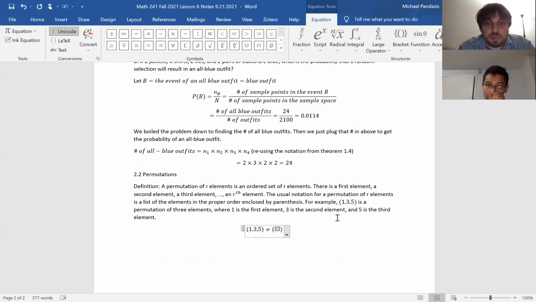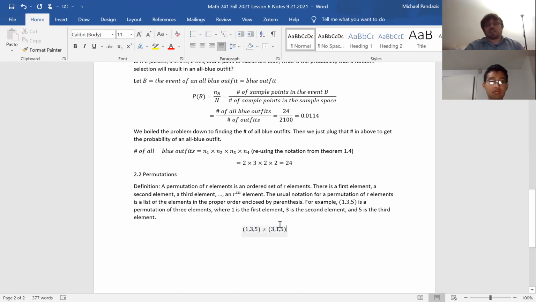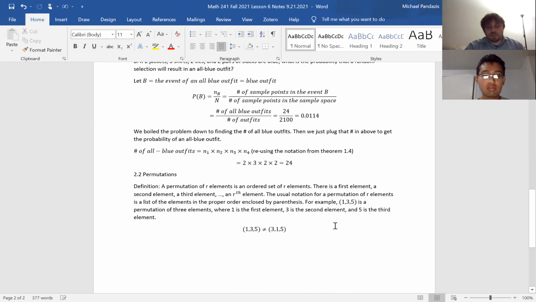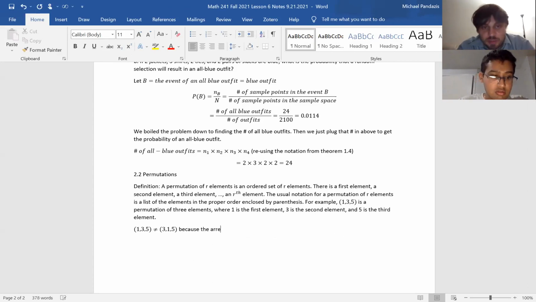So the ordered triple (1, 3, 5) is not equal to the ordered triple (3, 1, 5). Even though the same 3 things are there, the order is changed. And so these are 2 different ordered triples. These 2 are not equal because the arrangement is different.